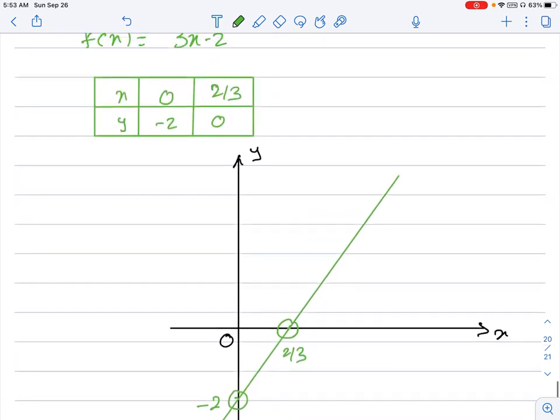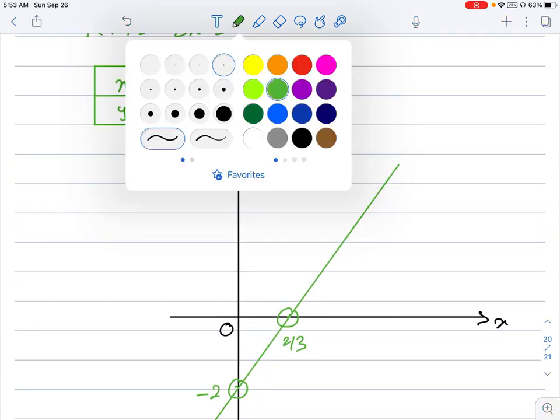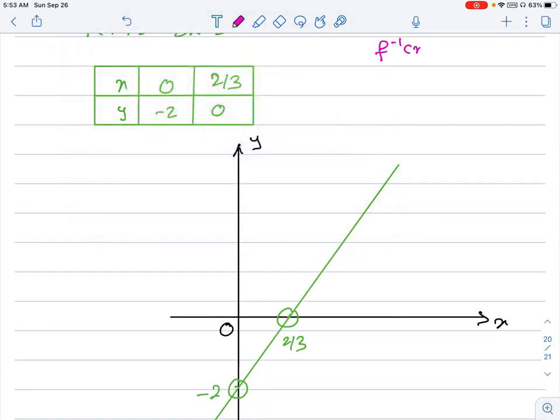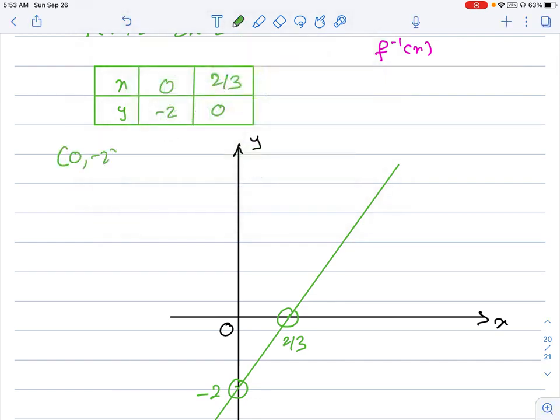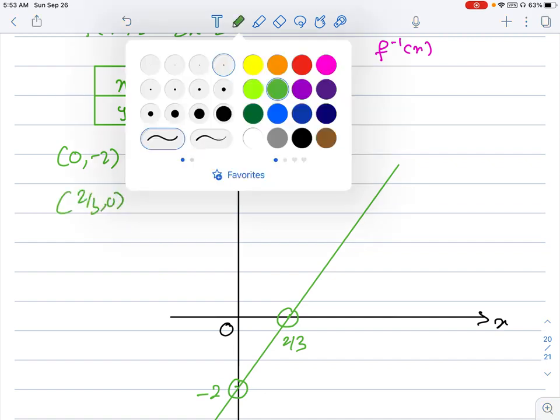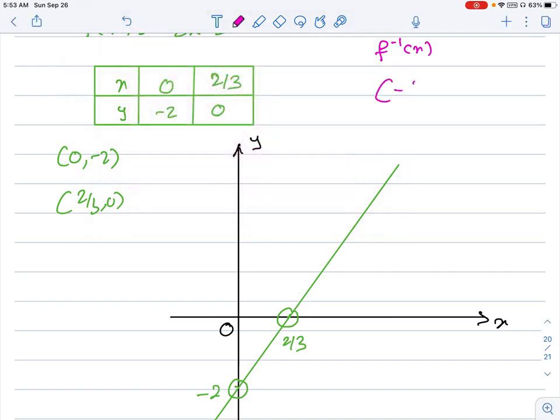Now we take f inverse of x, maybe in a different color. F inverse of x will be having different values of x and y. This means the swapped values of x and y. What do I mean by different values? Here we got the values of f of x as 0 comma negative 2 and 2 upon 3 comma 0. So for f inverse of x, it is just the swapping of that one, it becomes minus 2 comma 0 and 0 comma 2 upon 3.